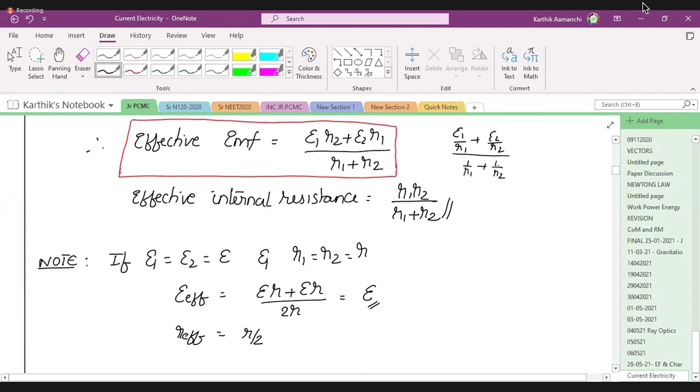Clear? This is nothing but your 1 by R effective. This also you can remember. Clear?